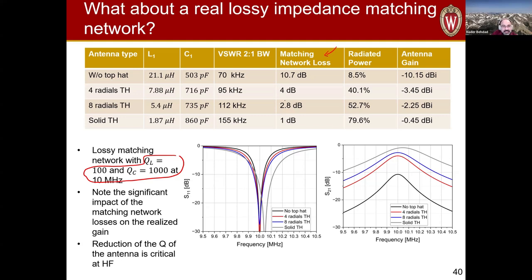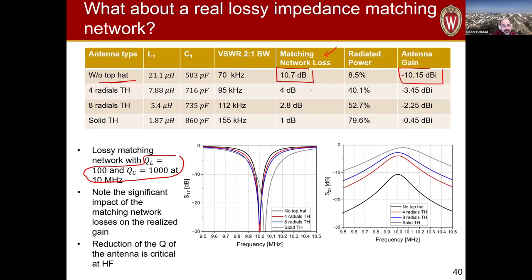Notice that for the impedance matching network of a simple monopole antenna without top hat, I'll have almost 11 dB of loss in my matching network. That's a lot of loss, right? So that converts the gain of your antenna to about negative 10 dBi, very low gain.